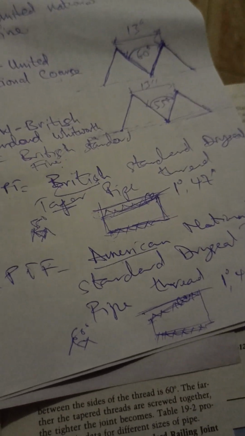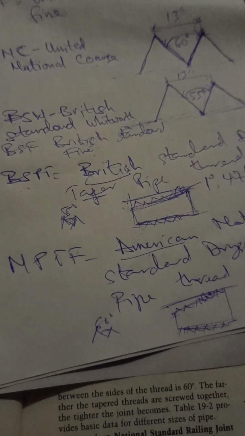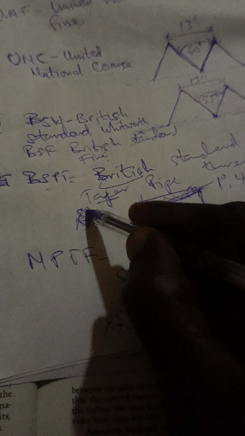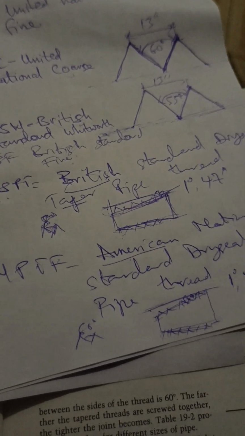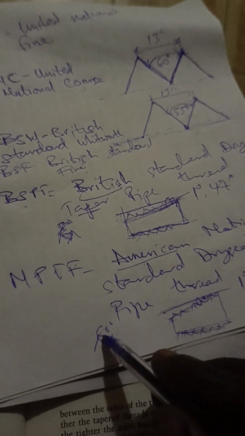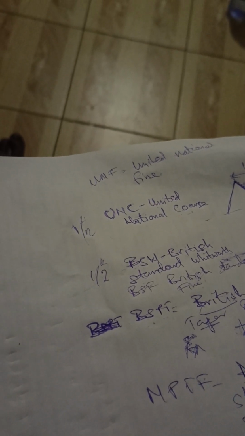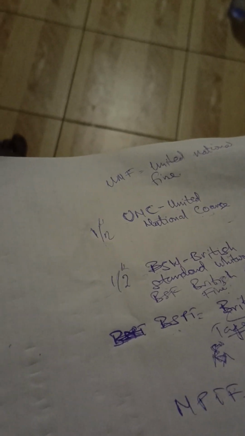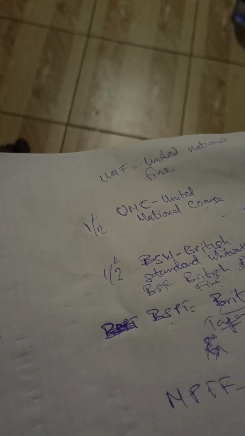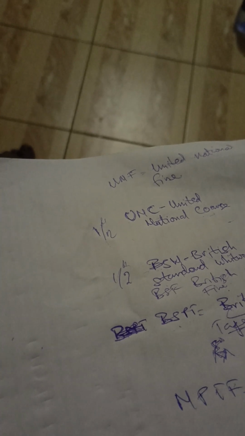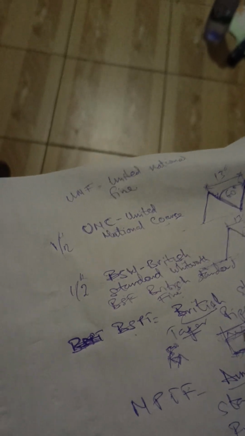So every British thread, the thread profile is 55 degrees, and every American thread, its thread profile is 60 degrees. But it's mostly on the imperial threads: the imperial thread 60 for the American, the imperial thread 55 for the British.